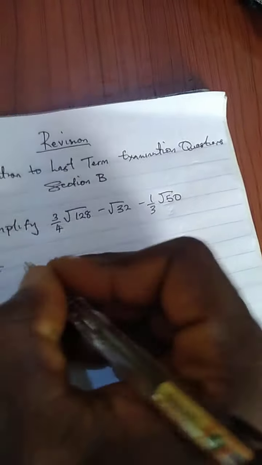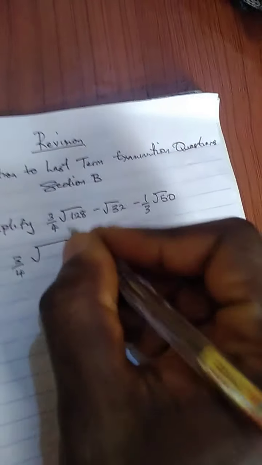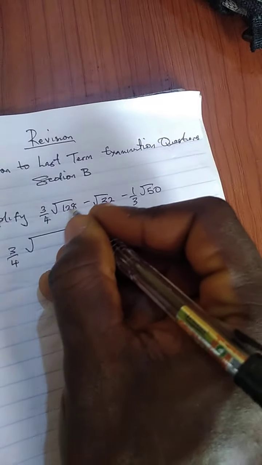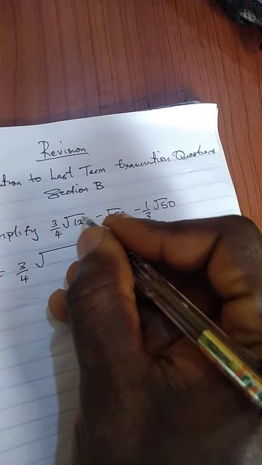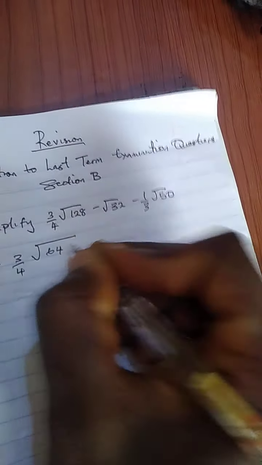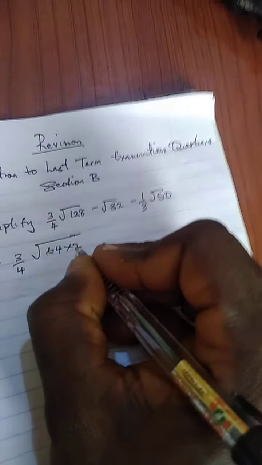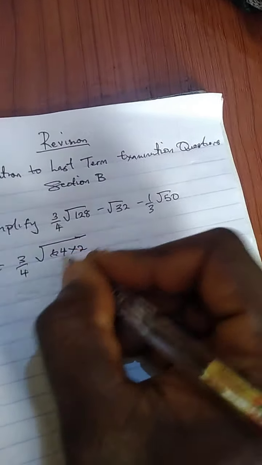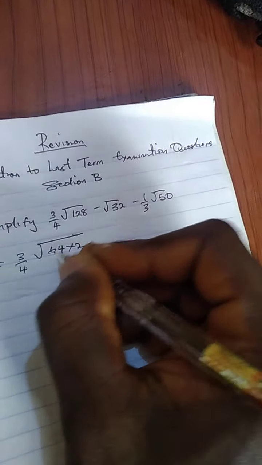So we have 3/4 root, and when we break 128 down, what we have is 64 times 2, since 64 times 2 is 128, and this 64 is a perfect square.